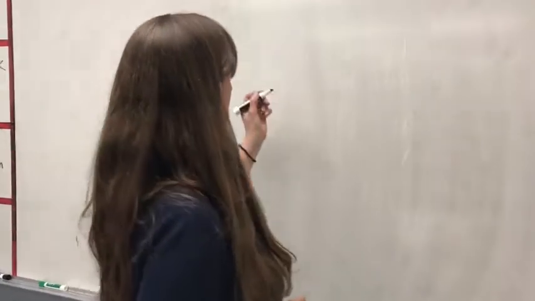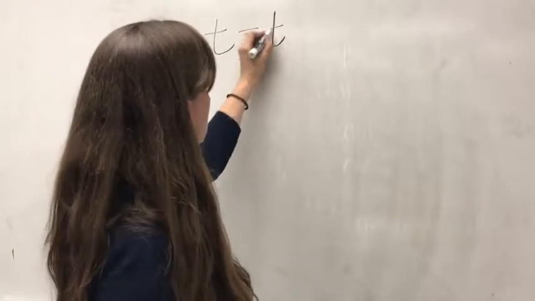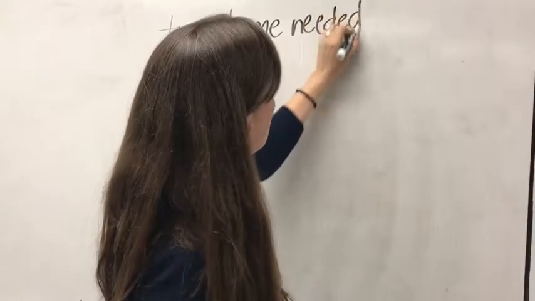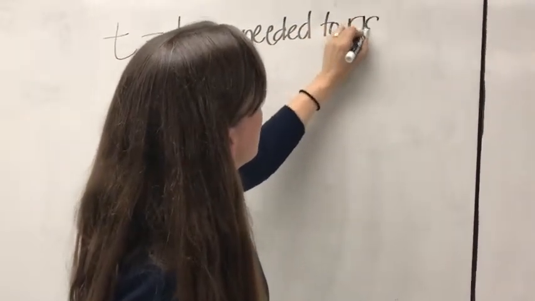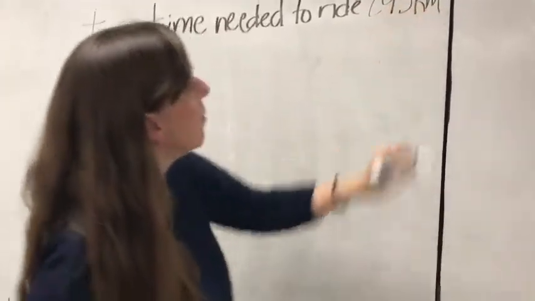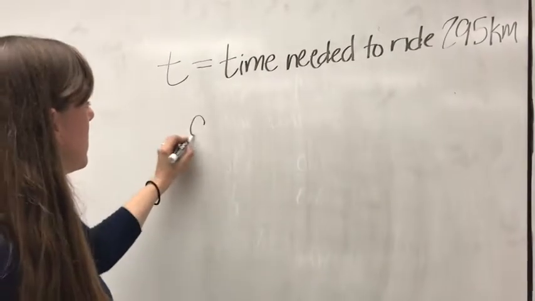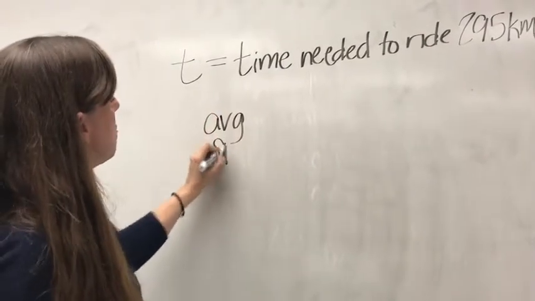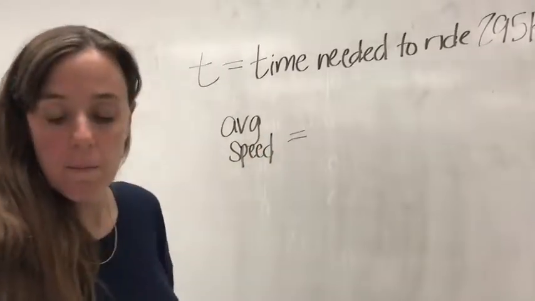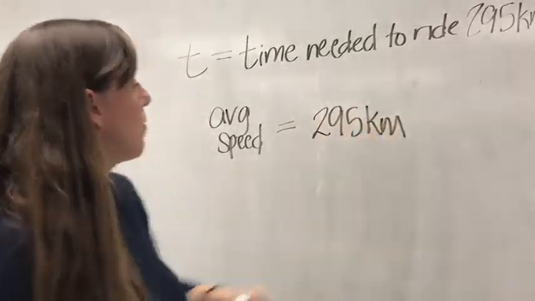Okay, so we're going to say that T is the time needed to ride 295 kilometers, okay? And then we have his average speed, which equals his 295 kilometer trip.